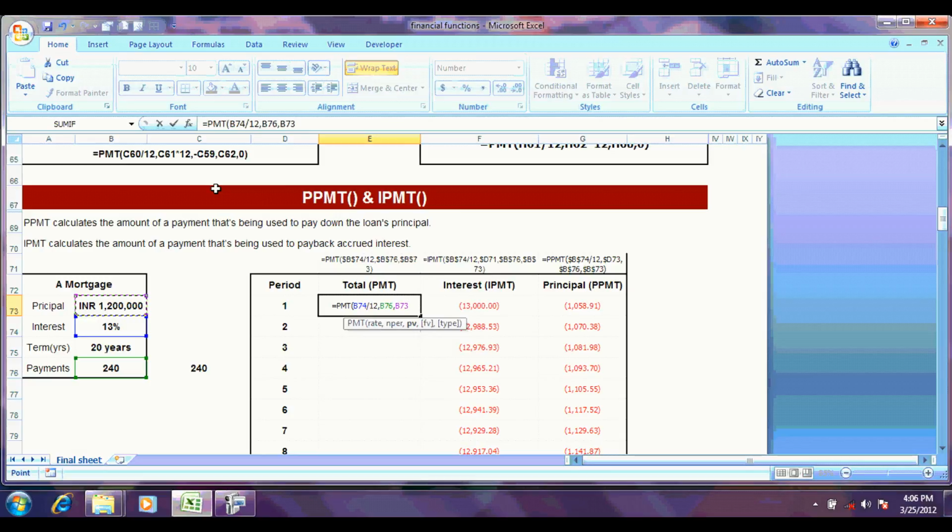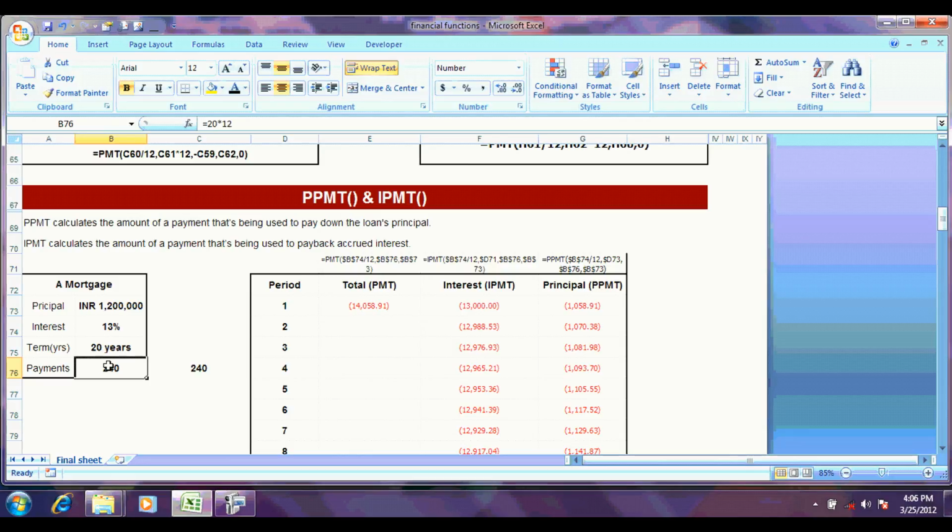Okay, now we'll just make it absolute, F4, F4, F4. Okay, so this is my EMI amount per month. As I have mentioned that I have to make payments for a period of 240 months, so I'll just drag it. Okay, let me show you another way to get to it.